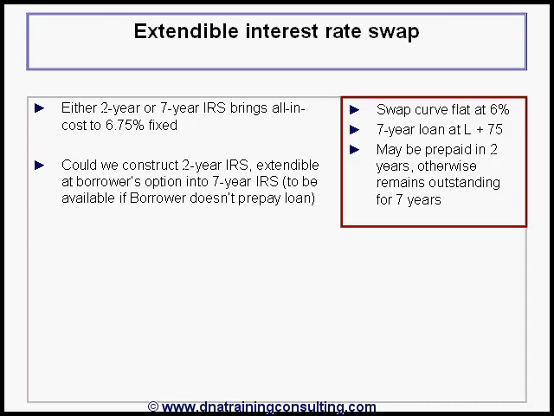And if so, what would be the fixed rate under such an instrument? Regrettably, the answer is not so simple as saying that since the curve is flat, this third alternative would also have a 6% fixed leg.